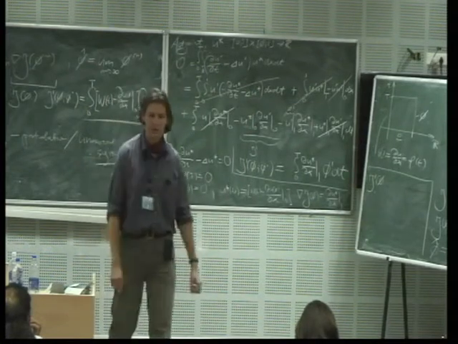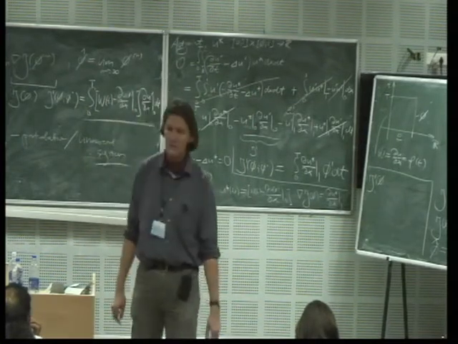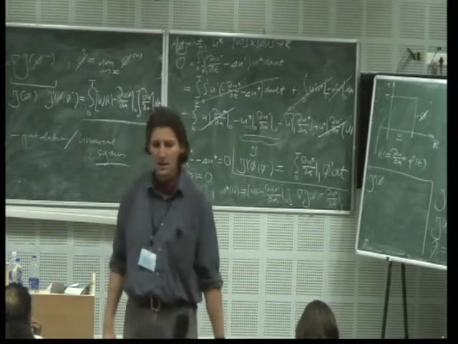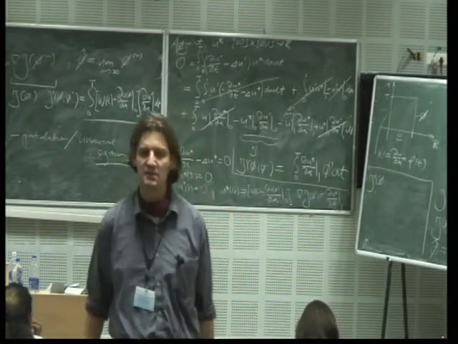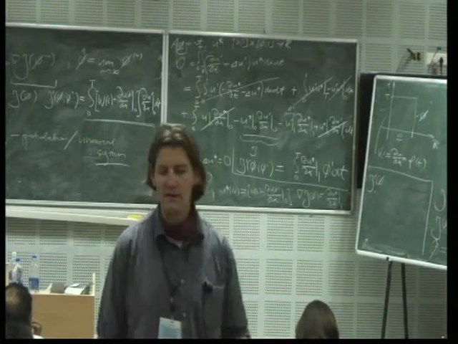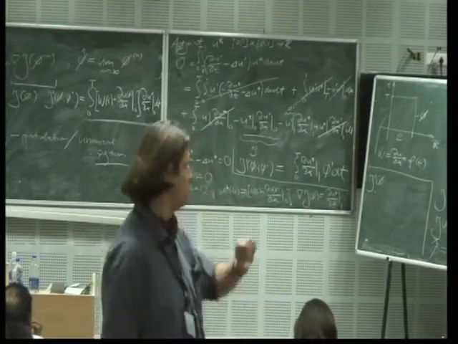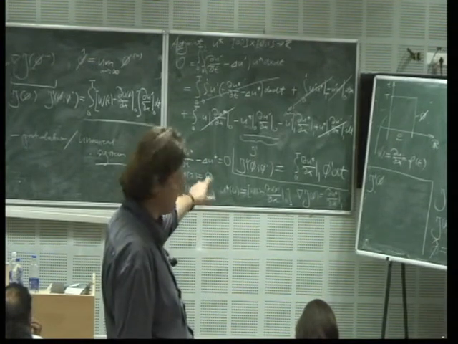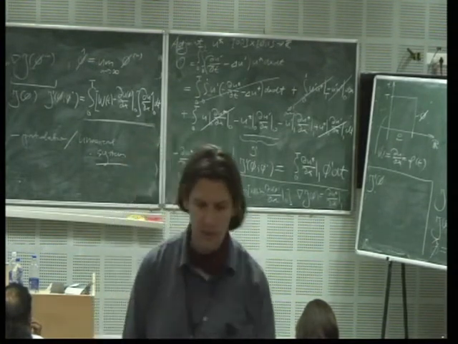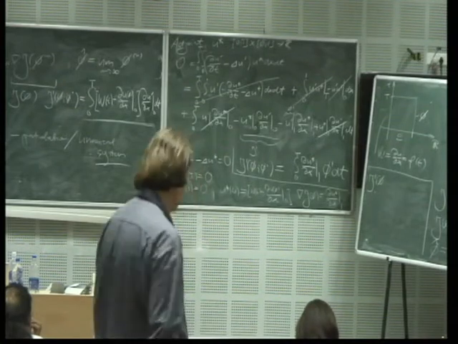Okay? So all we need to do in order to evaluate the gradient is solve the adjoint system. Okay? And then evaluate the solution of the adjoint system, actually the derivative of the solution of the adjoint system at the right boundary. Okay?